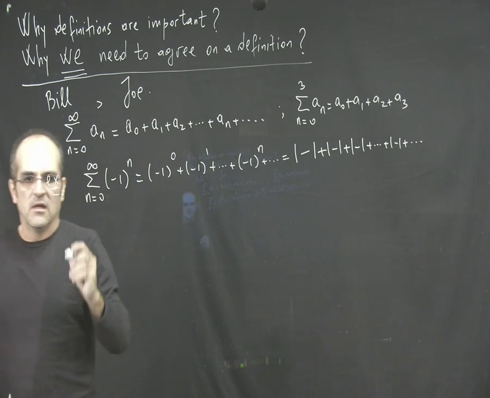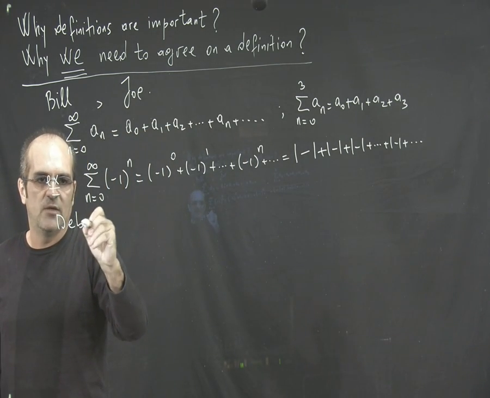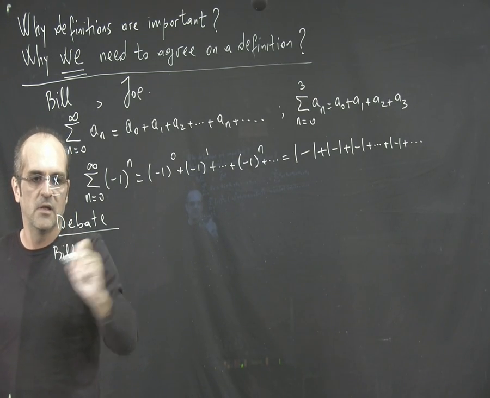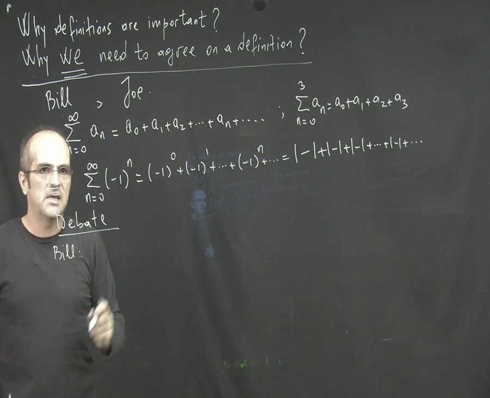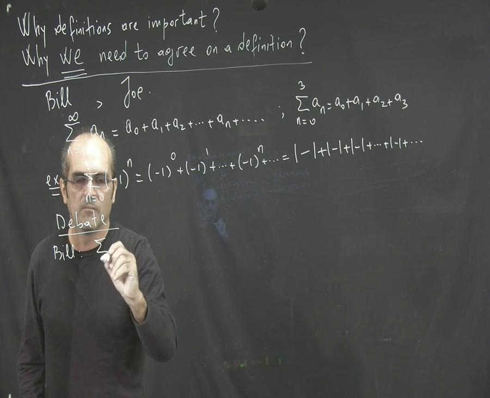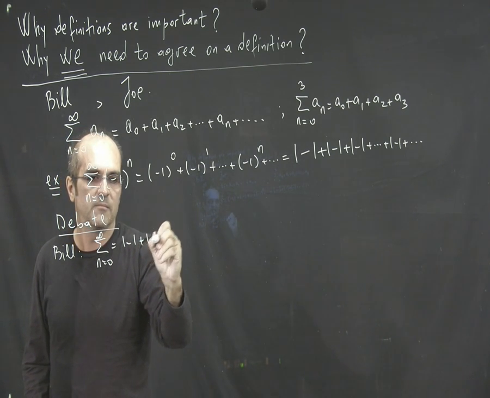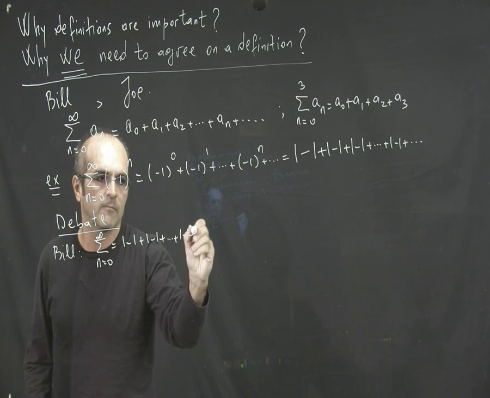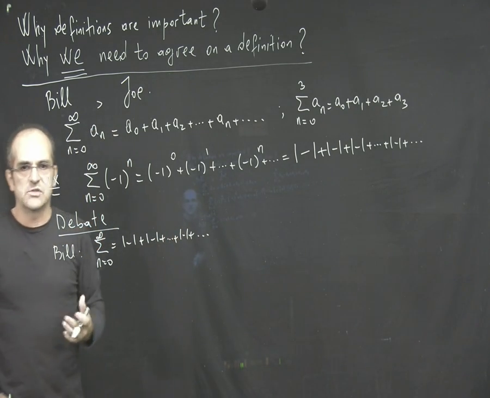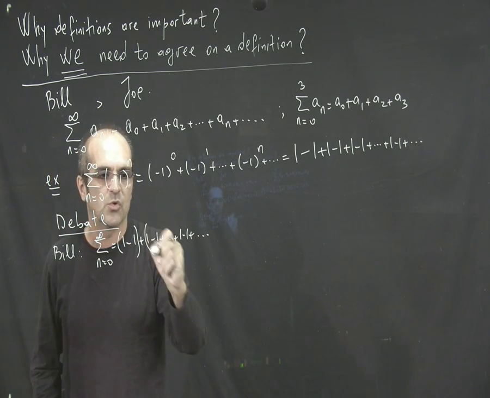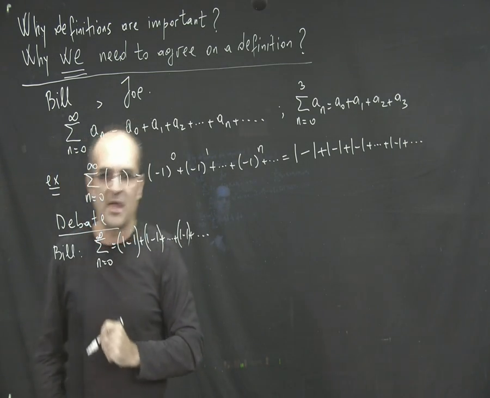And then here comes the misunderstanding or the debate. Bill says, okay, I'm going to take this infinite sum that you wrote above there. Let's write it again here. Because I know addition is associative, nothing stops me, and it's perfectly reasonable, to associate the terms two by two.